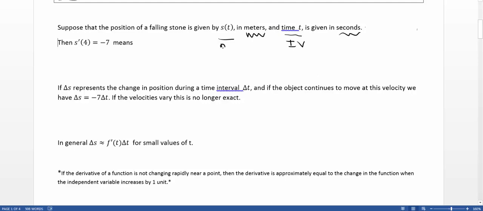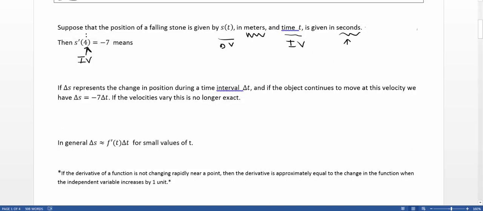So when we talk about s prime of 4, the derivative at 4, the number that you plug into a function or the derivative, or really any number you plug in anywhere, is always an independent value. So it's going into the independent variable. So 4 is representative of our independent value. So our independent variable has units of seconds.